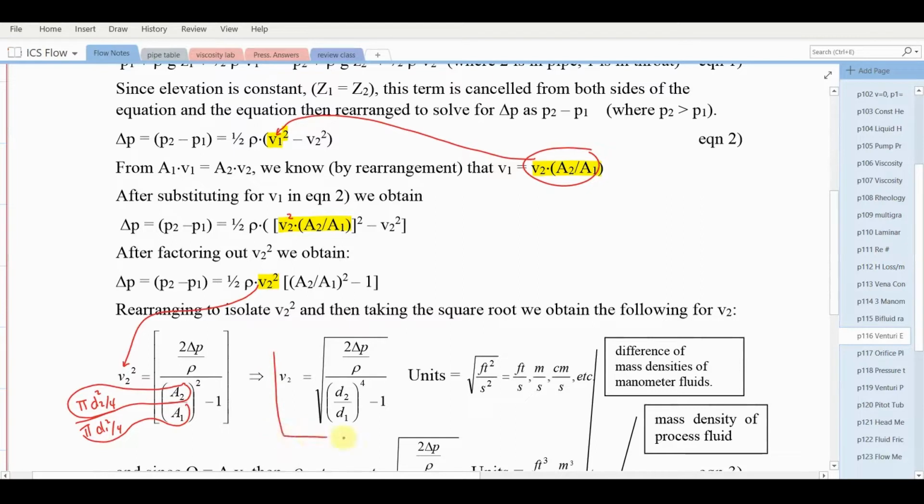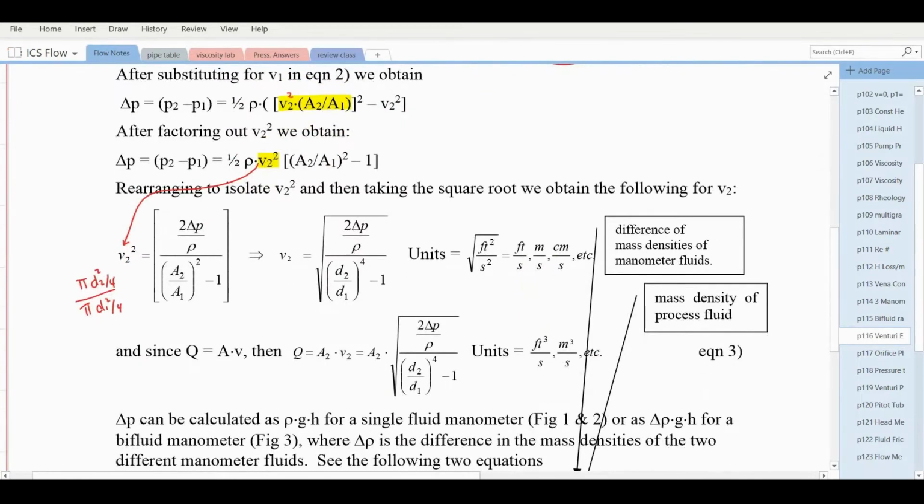We come up with an equation for velocity in a pipe using the ratio of diameters, the delta P, the difference in pressure measured across the manometer, and the process fluid density. We ultimately want flow, so we simply take our velocity multiplied by the cross-sectional area of the pipe. We'll have Q in the pipe is equal to A2 times the velocity in the pipe.